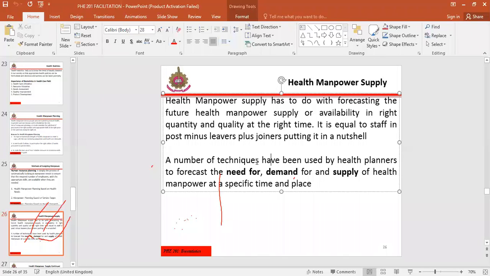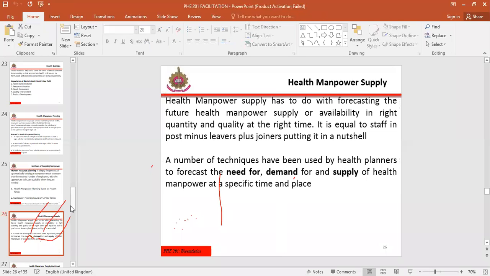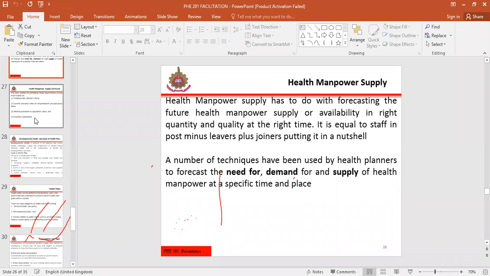Now, a number of techniques have been used by health planners to forecast the need for, demand for, and supply of health manpower at specific times and at specific places.